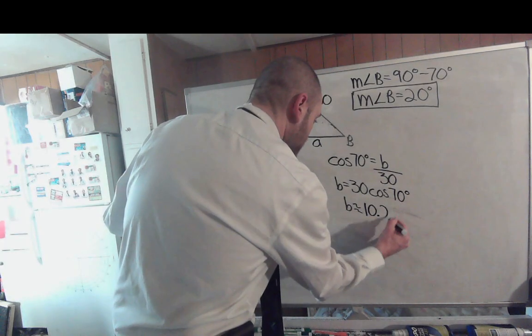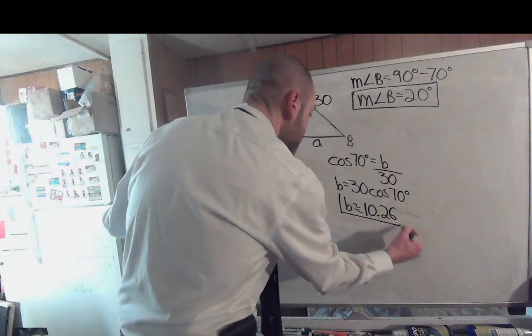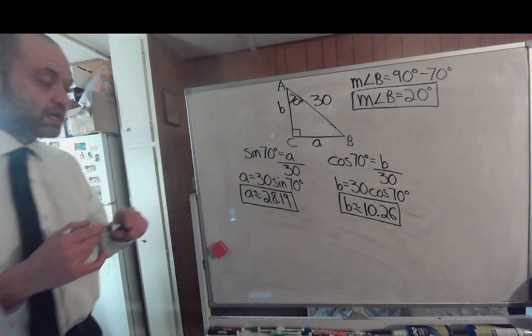So side B would have a length of approximately 10.26 units.